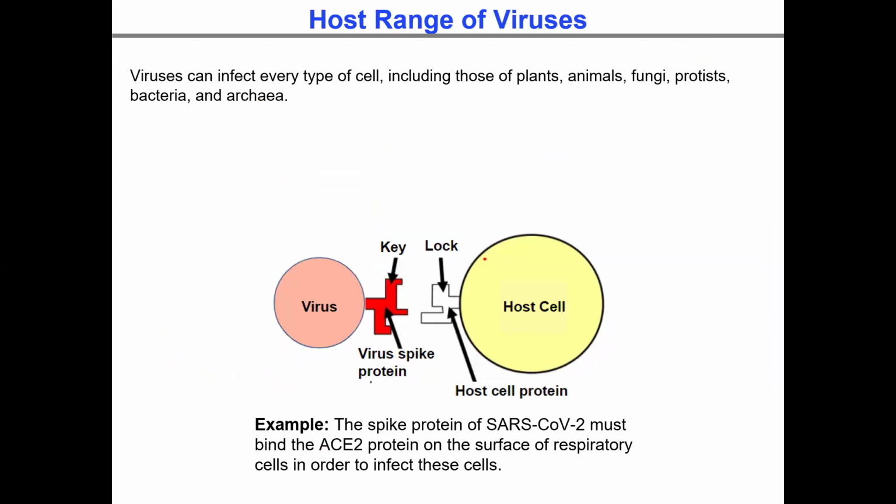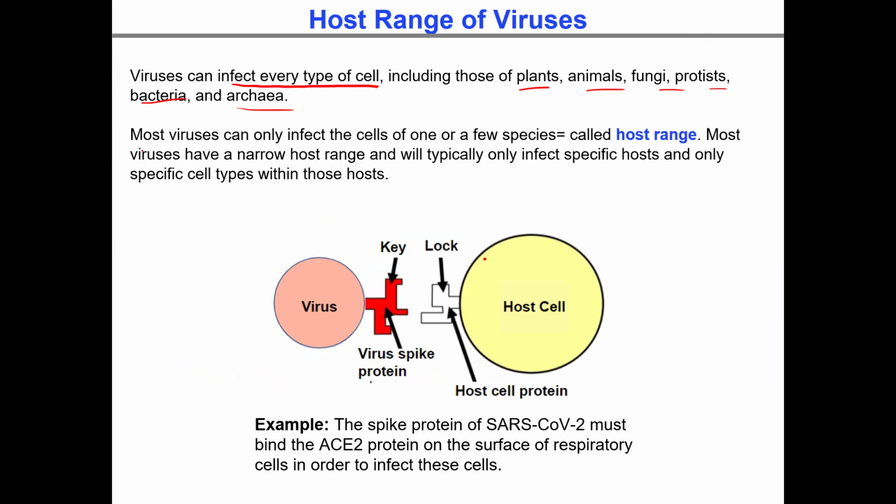So now we're going to go ahead and check out what the host range of viruses is going to be. Viruses can infect every type of cell. Now this is important because it's going to include essentially everything that's alive: plants, animals, fungi, protists, bacteria, archaea. Essentially anything that is able to be infected can be infected by a virus. Now, most viruses can only infect a cell of one or a few species, so they're going to be very specific.